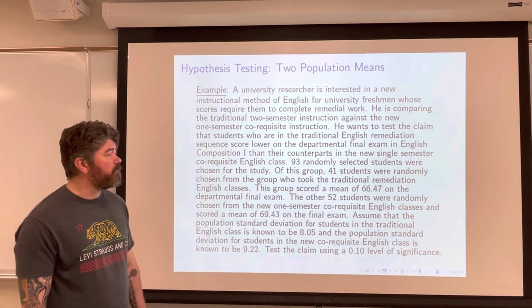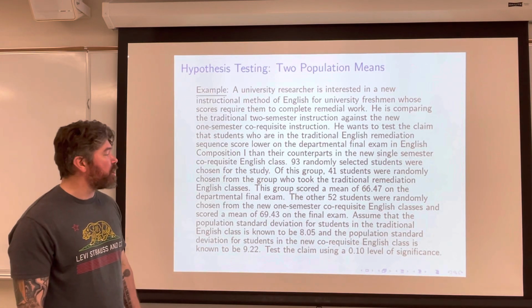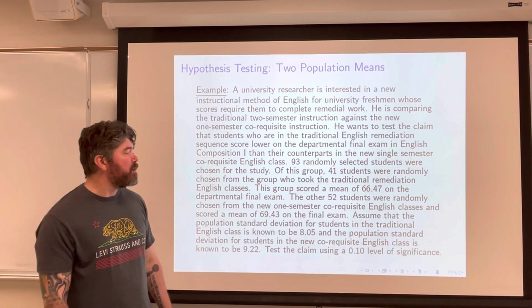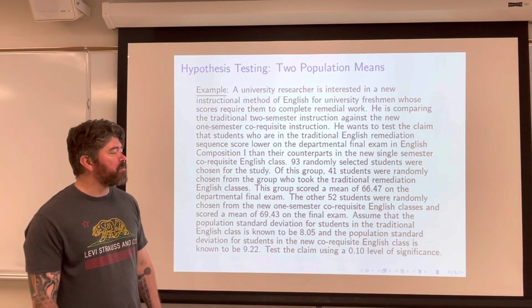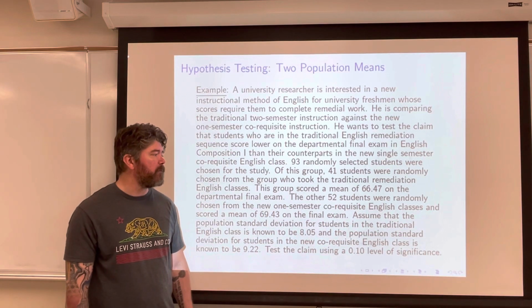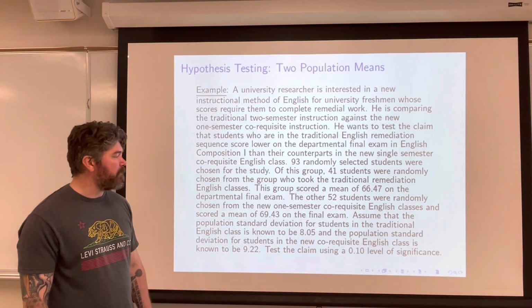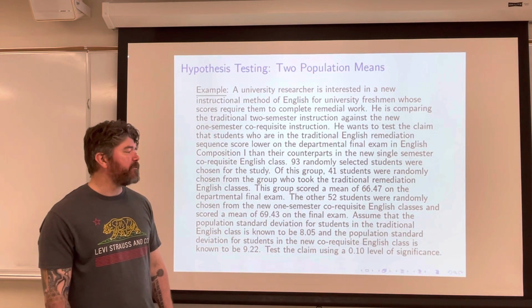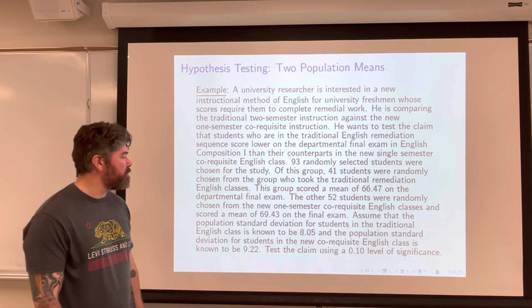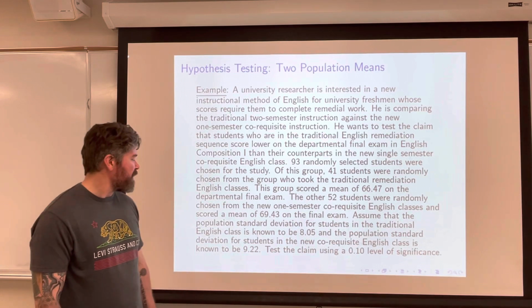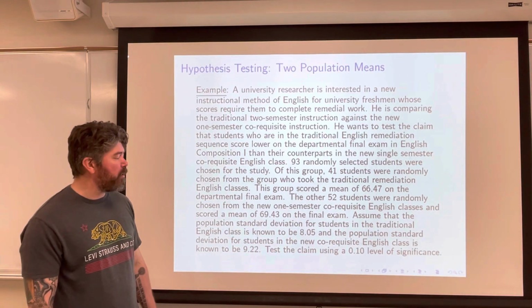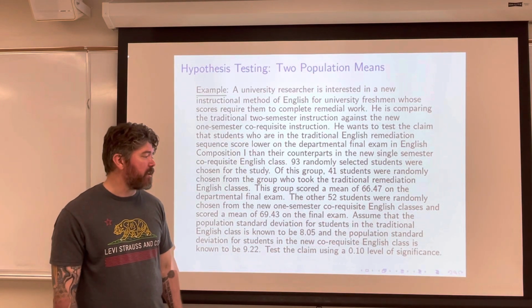Of this group, 41 students were randomly chosen from the group who took the traditional remediation English classes. This group scored a mean of 66.47 on the departmental final exam. The other 52 students were randomly chosen from the new 1-semester co-requisite English classes and scored a mean of 69.43 on the final exam.